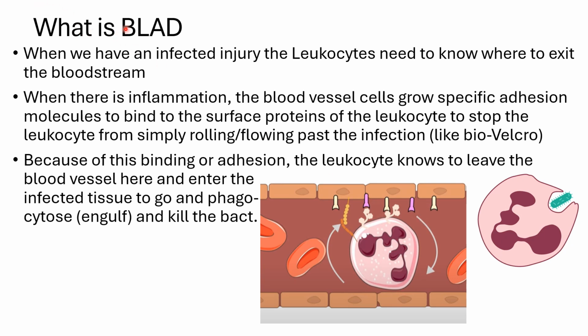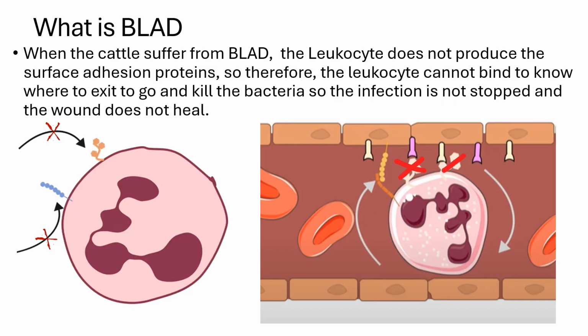So if you have bovine leukocyte adhesion deficiency, it means that it doesn't adhere, and then they don't know where to go out. So this disorder is a genetic disorder, and as you can see, the membrane proteins that attach to the proteins from the blood vessel do not exist, and consequently the white blood cell is never stopped, and therefore it never leaves the vessel, and because it never leaves, it never kills the bacteria.